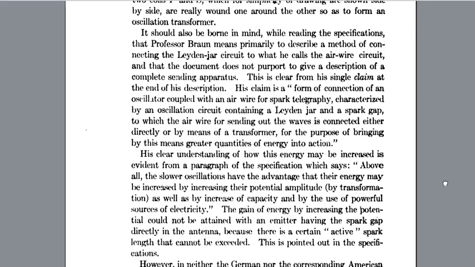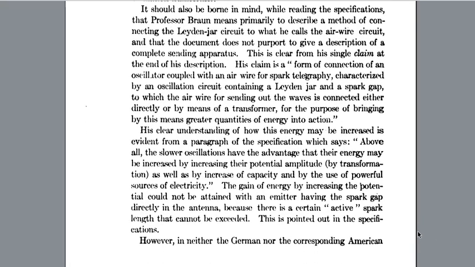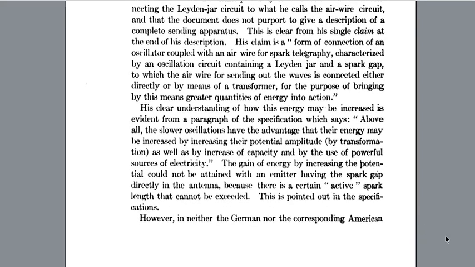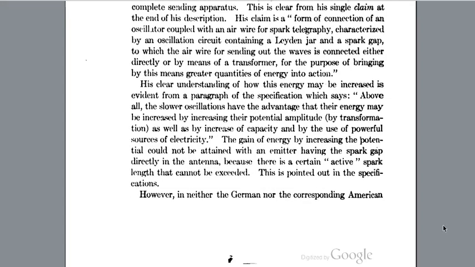His clear understanding of how this energy may be increased is evident in a paragraph of the specification which says, above all, it is necessary by using a spark gap with a very large capacity to increase the energy in its potential amplitude by transformation as well as by increase of capacity and by the use of powerful sources of electricity. The gain of energy by increasing the potential could not be attained with an emitter having the spark gap situated in the antenna, because there is a certain active spark potential which cannot be exceeded.